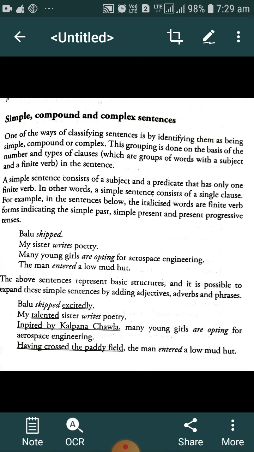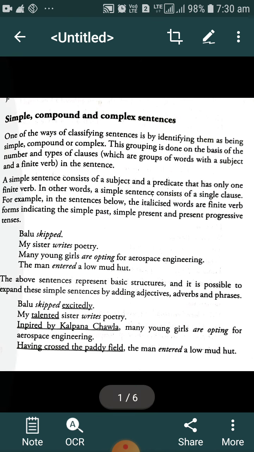So this is the basic difference between finite verb and non-finite verb. A finite verb is changed according to the situation, or we can say the context of that sentence, and a non-finite verb never changes.